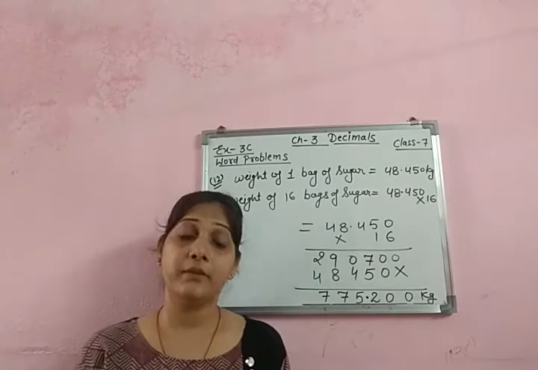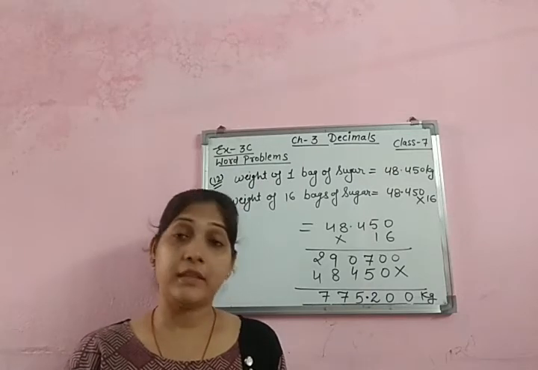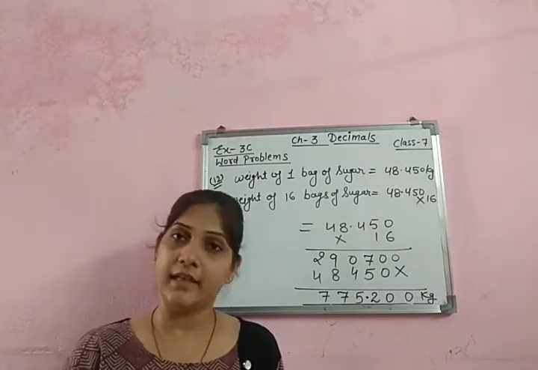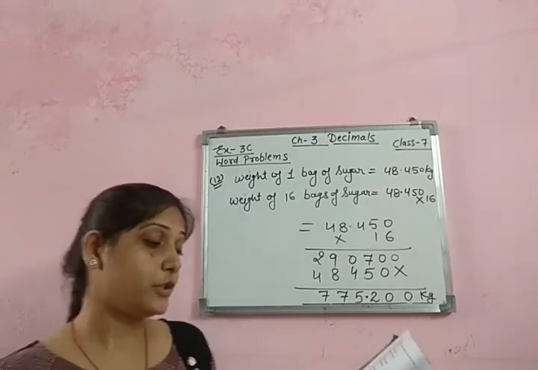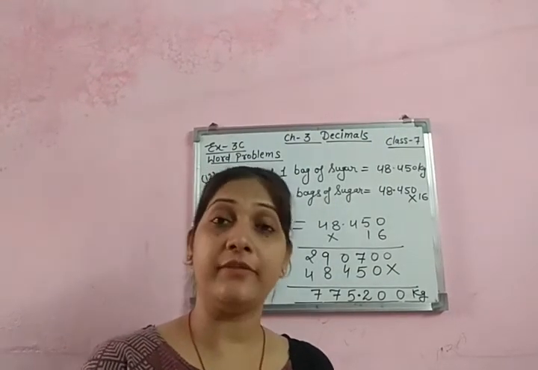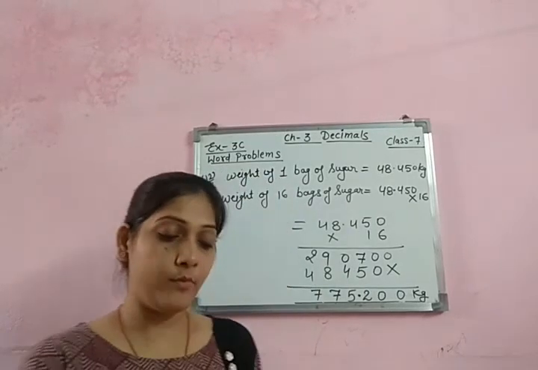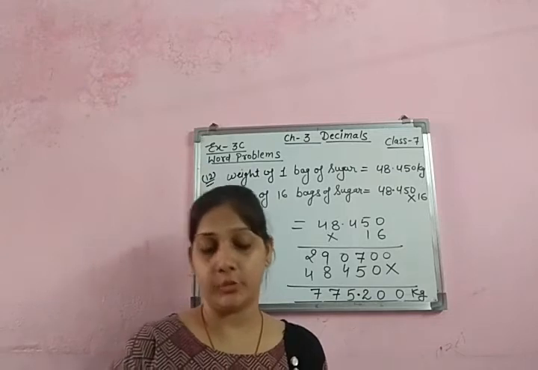Now, question number 14 I am solving with you. But again, read the language carefully because unit matters a lot. So question number 14 is: a bottle holds 925 grams of jam. How many kilograms of jam will be there in 25 such bottles?